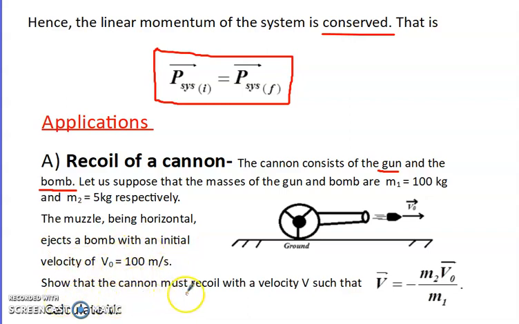Show that the cannon must recoil with a velocity V vector, such that V vector is equal to m2, which is the mass of the bomb, V0 over m1, and then calculate V.